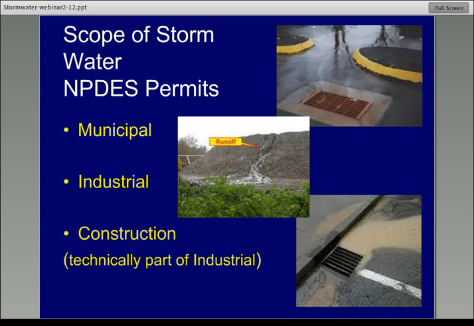What I want to cover here is the municipal, industrial, and construction programs separately, and we're going to try to tackle each one of them and some things that you can do if you have an interest in one of them in your watershed. And mainly what I want to point out is that as that list of ways to engage is so long, you really do need to figure out in your own scope of work, in your watershed, in your state, wherever you are working, what the right focus is for your organization or you as an individual.